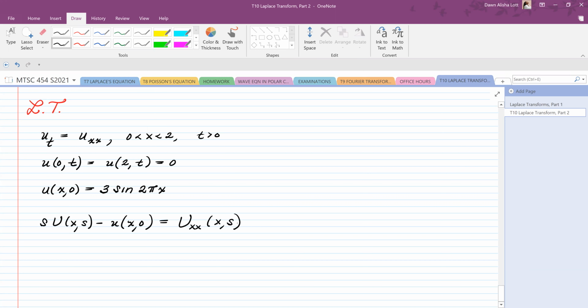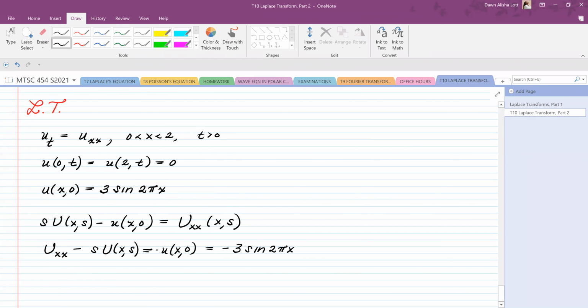Okay, so I'm going to rearrange this to be U sub xx minus s U of x and s to equal positive U of x and 0. Actually, it's negative. So this is minus 3 times the sine of 2 pi x.